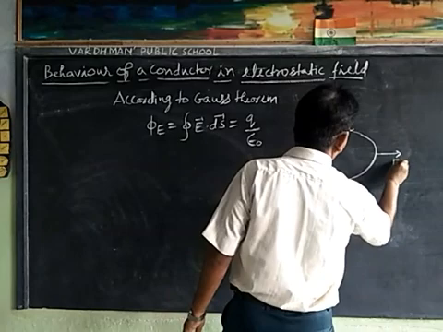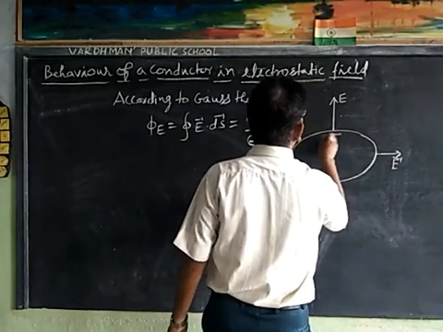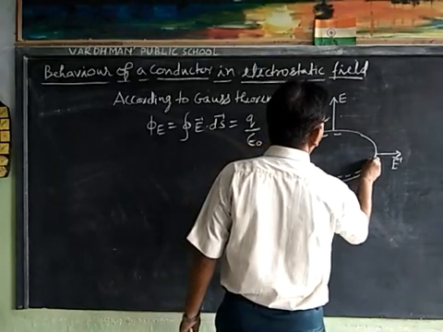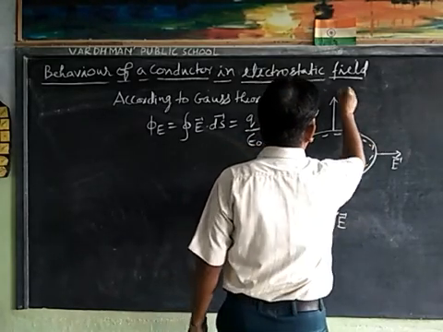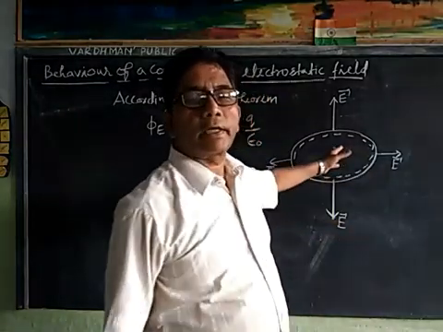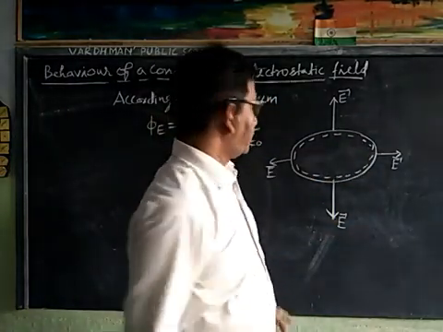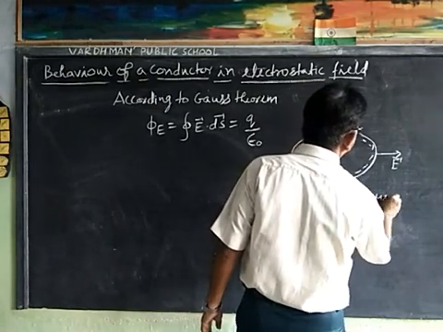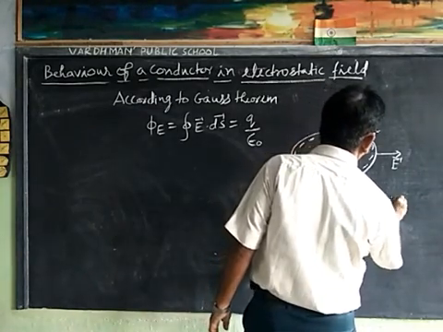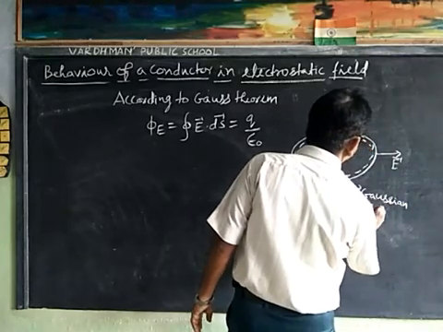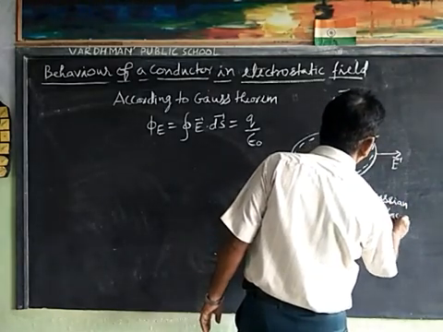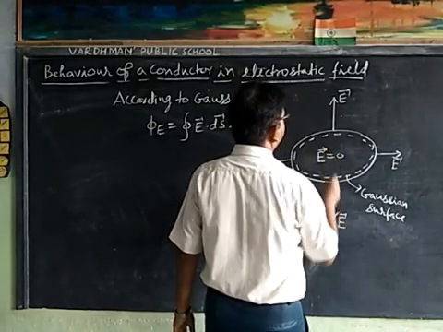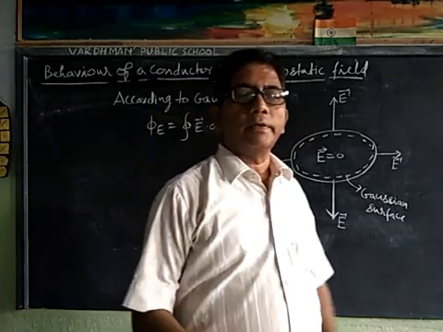This is the negative charge, and this is the direction of electric field, and this is Gaussian surface, and electric field inside a conductor is 0.